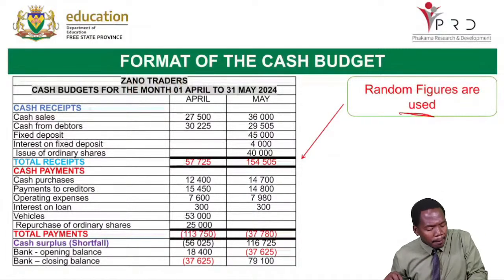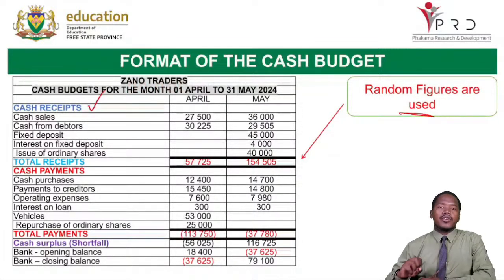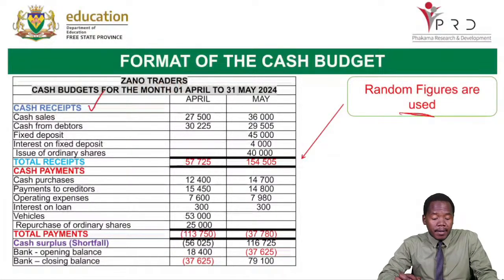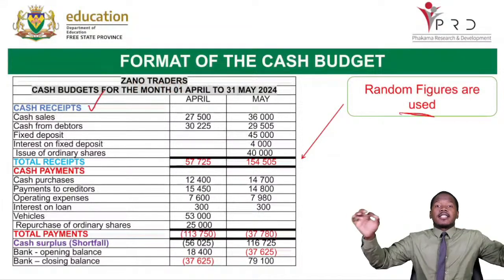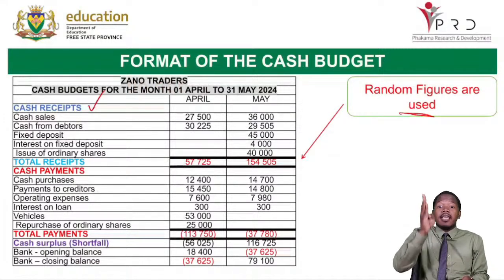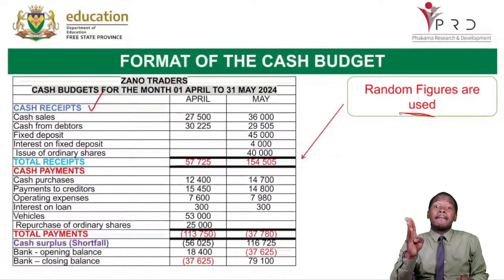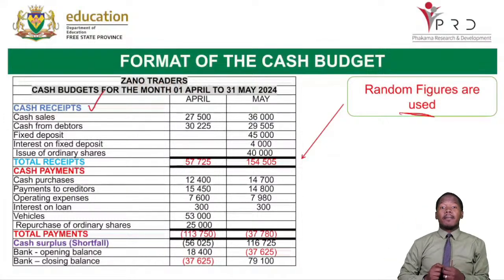The first part is the part of cash receipt. On top, it will have the name of the business, cash budget for the month of April to 31 May 2024. That could be an example because the cash budget deals with months. It is per month. It is unlike the normal income statement.